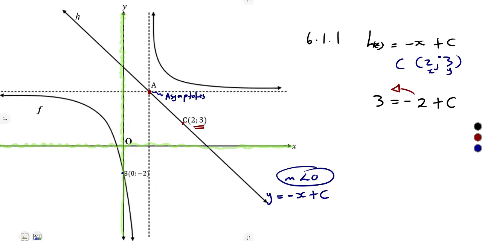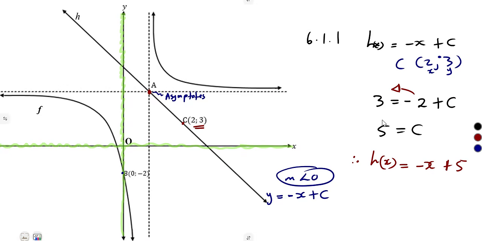Taking the minus 2 to the other side, it is going to be a plus: 3 + 2, which is 5. So that's the value of c. Therefore, we simply substitute back the value of c, so our h(x) is going to be given as -x + 5.